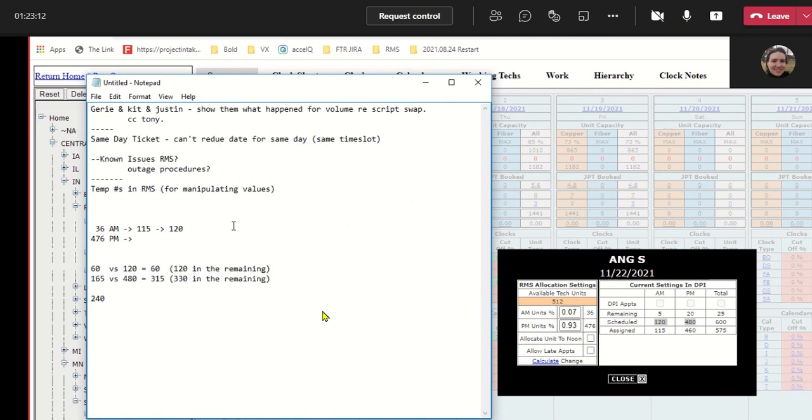There's 8, 9, 10, and 11, 4 hours at 30 units apiece, which is the minimum amount I can increment by inside DPI. So 4 times that number, 30, is 120, which is why, if you've calculated a number that's less than this minimum increment, I have to do at least the minimum increment.